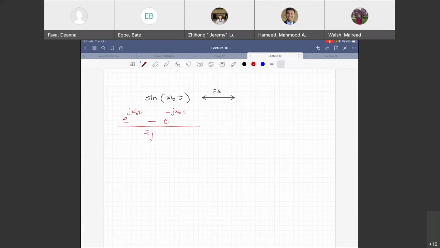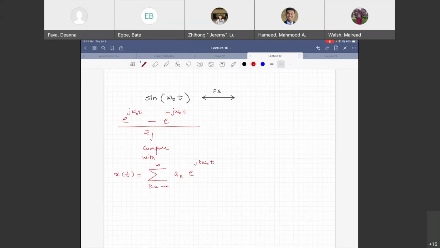Which means when I compare this with x of t equals a summation of k equals -infinity to infinity of ak e to the j k omega naught t, that's representing any periodic signal as a projection of the signal onto the set of complex exponentials, which are an orthogonal set. So what would be AK?